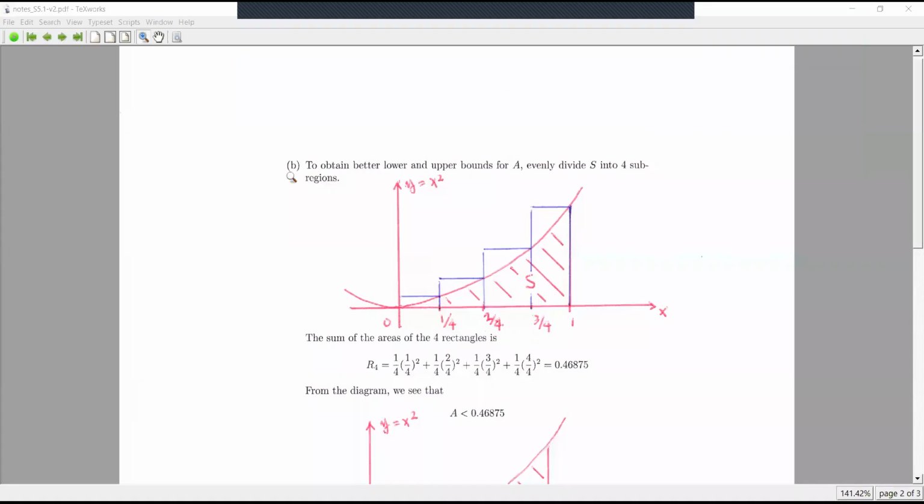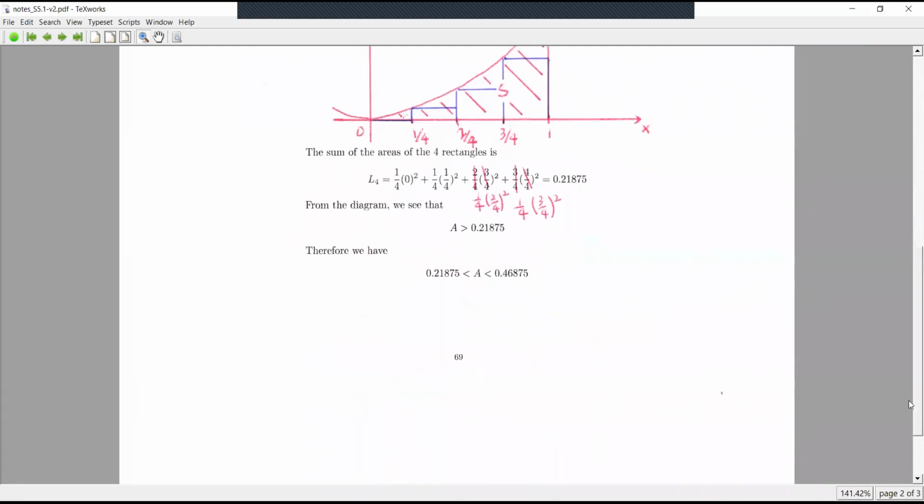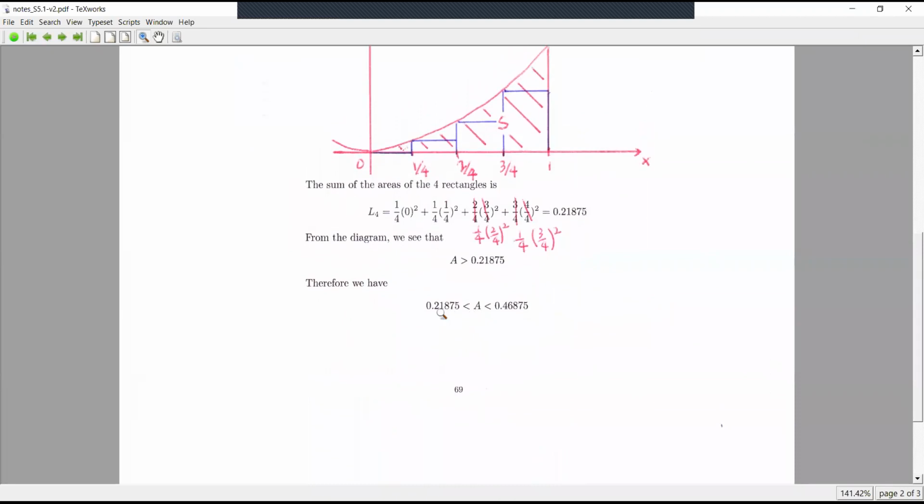In step 2, I use 4 rectangles to approximate the region S, and I got the area of the region lies between these 2 numbers. These 2 numbers can be further improved if I increase the number of rectangles to approximate the region.